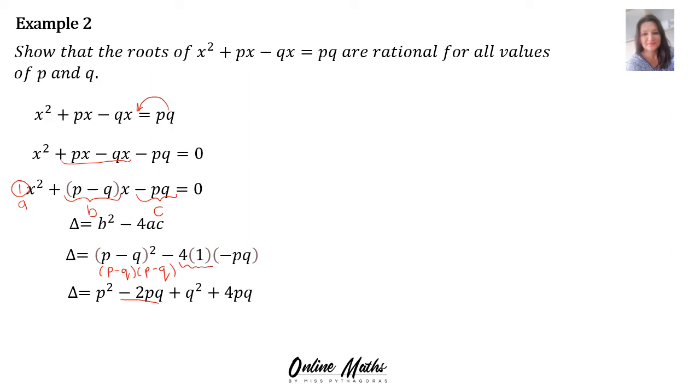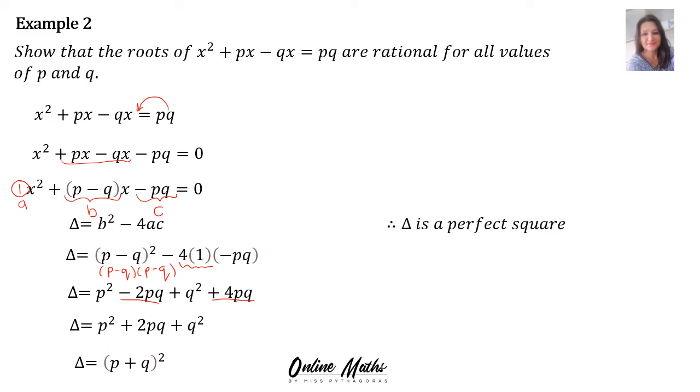Negative 2pq plus 4pq is 2pq in the middle there. Then you will see that your discriminant you can factorize and it becomes a perfect square, p plus q squared inside a bracket. Therefore, delta is a perfect square, the roots are rational.